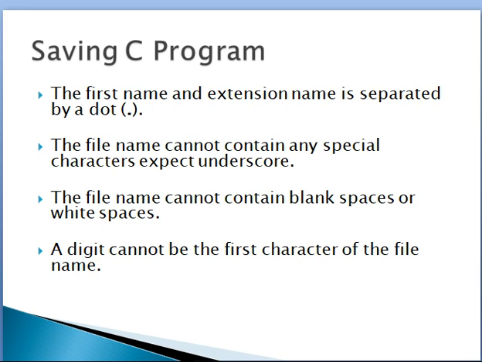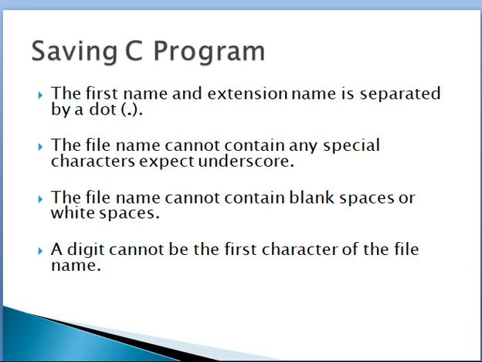The file name cannot contain any special characters except underscore. The file name cannot contain blank spaces or white spaces. A digit cannot be the first character of the file name.